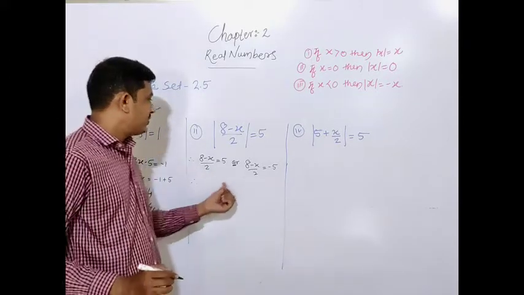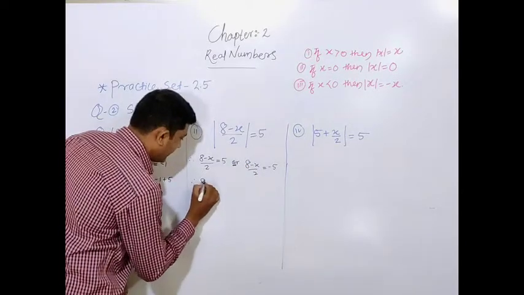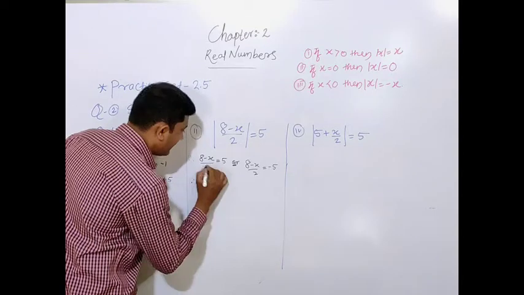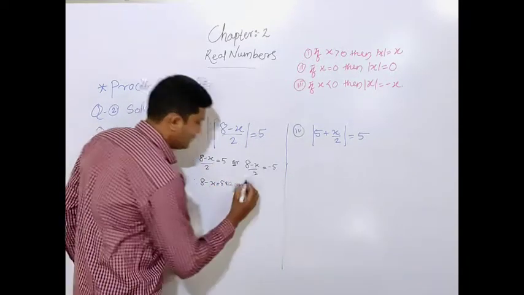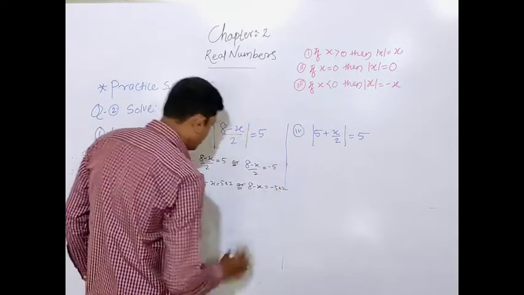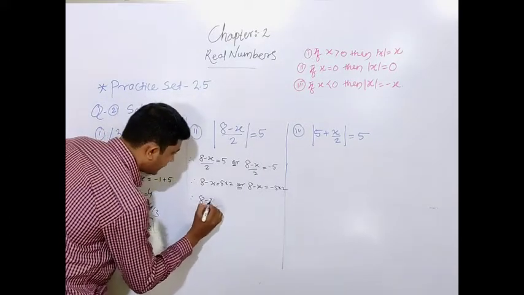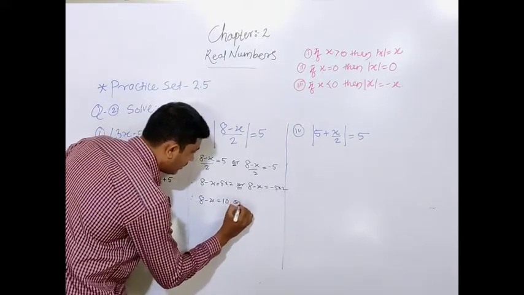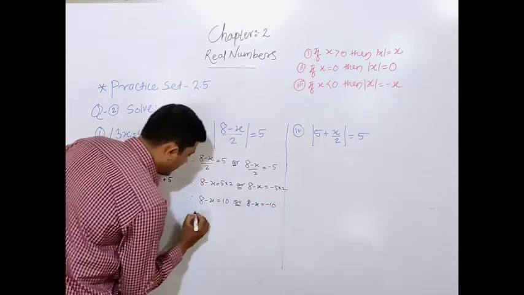If we shift it to the RHS, it gets multiplied with 5, that is 8 minus x equal to 5 into 2 or 8 minus x equal to minus 5 into 2. Therefore 8 minus x equal to 10 or 8 minus x equal to minus 10.